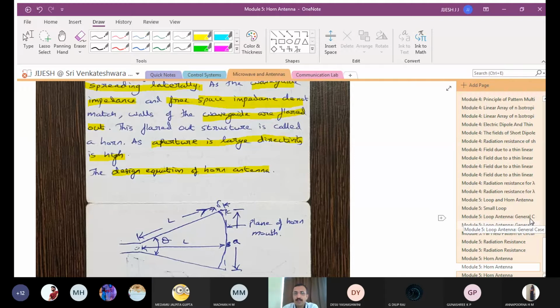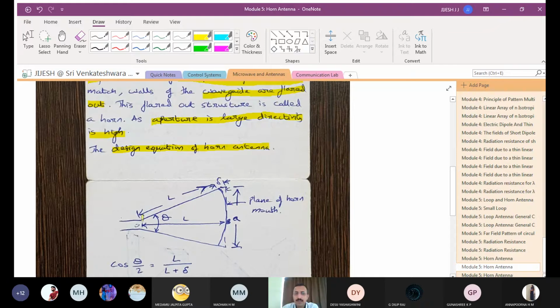With respect to aperture and directivity, if you calculate the aperture of a horn antenna and it is large, then the directivity is also high. So you can have a very high directivity. Then you have the design equations for the horn antenna.